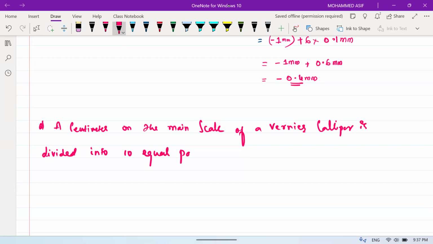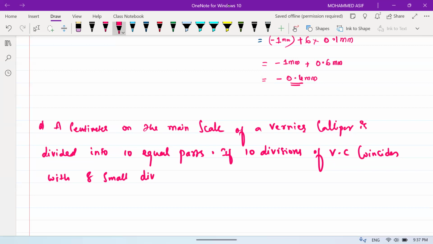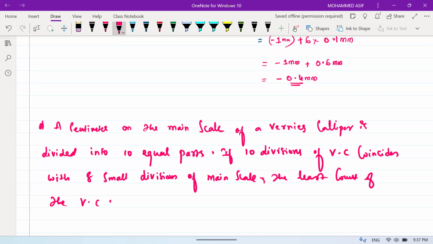Okay, if 10 divisions of the vernier caliper coincide with 8 small divisions of the main scale, the question is: the least count of the vernier caliper is? Anyone?